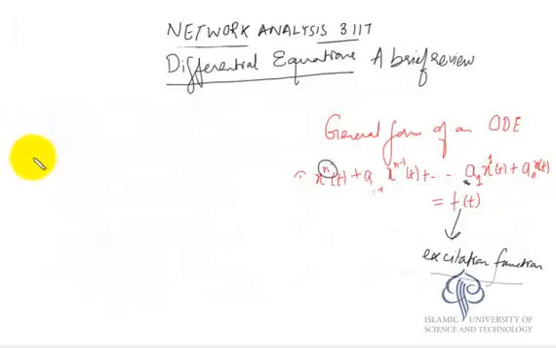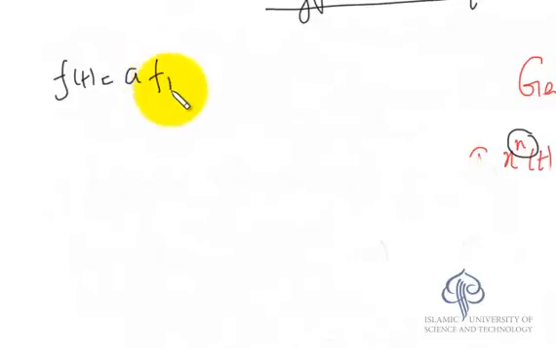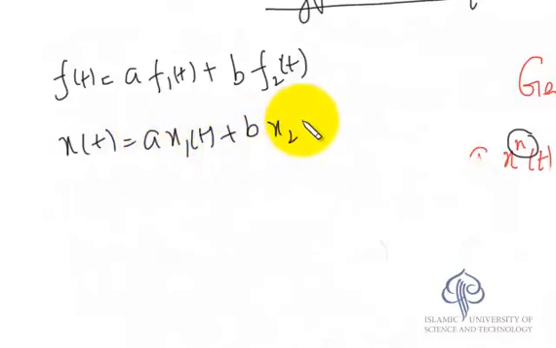That means that if the forcing function or the excitation function is a combination of some forcing function f1(t) multiplied by a constant a and another forcing function f2(t) multiplied by a constant b, then the response is also going to be a combination of x1(t) and x2(t), where x1(t) and x2(t) are respectively the responses because of f1(t) and f2(t).